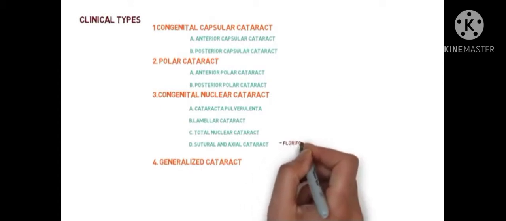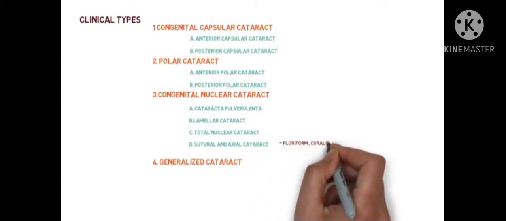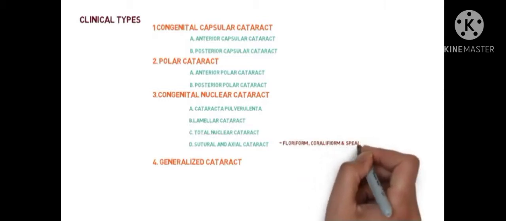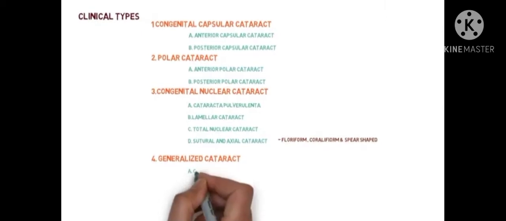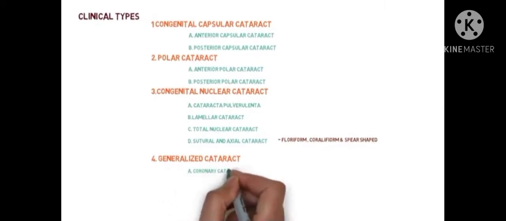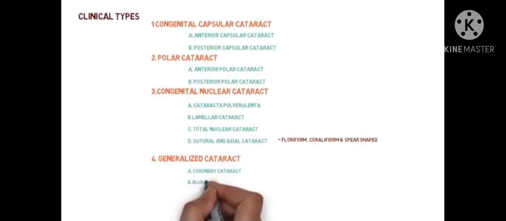And in sutural and axial cataract there are also subtypes, that is floriform, coralliform, or spear-shaped cataract. And at last, in generalized cataract, there can be coronary cataract, blue dot cataract, total congenital cataract, and at last, congenital membranous cataract.